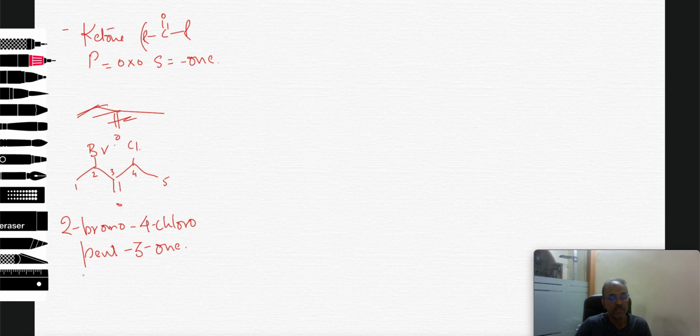We can also write it in many ways. Pentane is pentane, and E can also be replaced by 3-one. So you can write like that also. Either you write pent-3-one or pentane, E is replaced by 3-one. You have to remove E and write pentane-3-one.